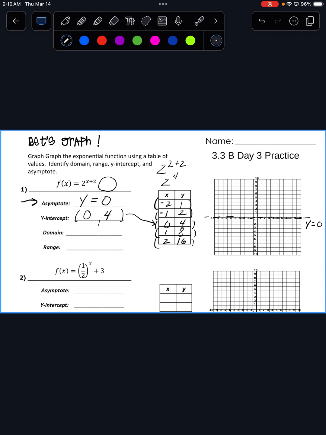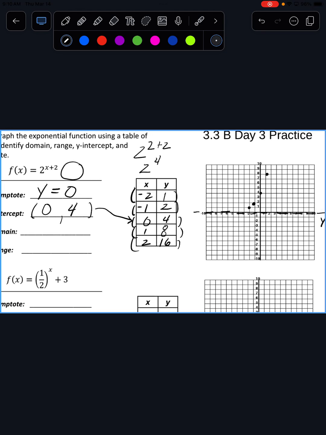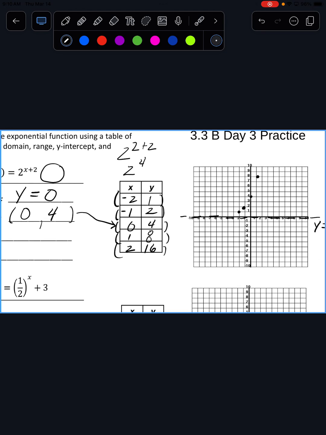So I'm going to start with my points. So I have -2, 1, should be here. Then I have -1, 2, I have 0, 4, 1, 8, and then I have 2, 16, which I can't graph on this graph because my numbers don't go out that high, but it would be somewhere up here.